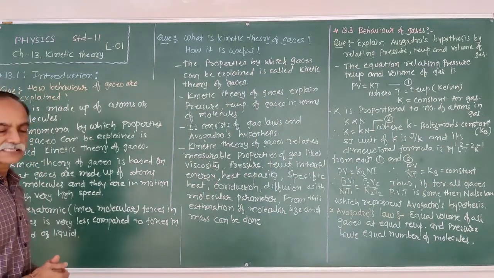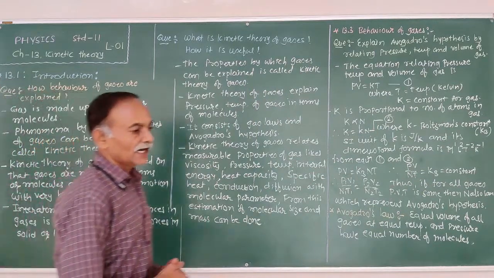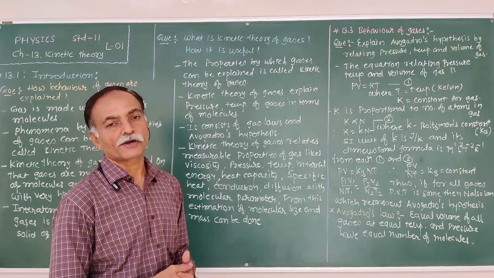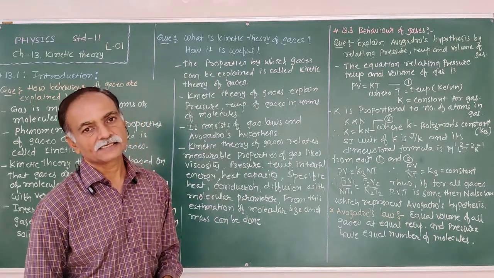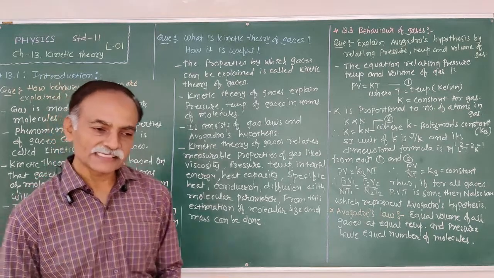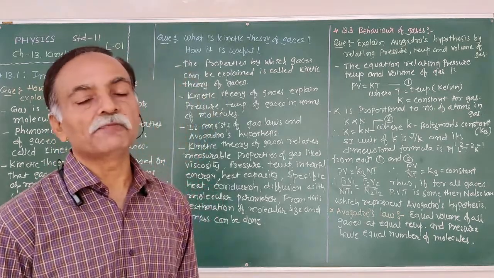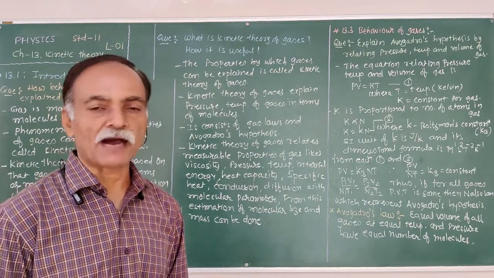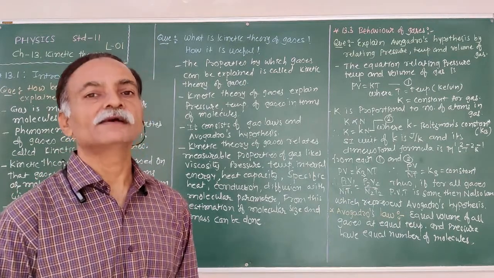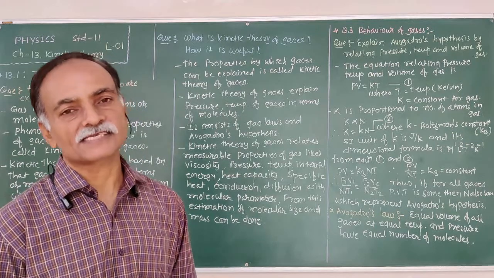Now next is the basic law that is known as Avogadro's hypothesis for gases. So the question arises in our mind: for each and every gas, are the number of molecules the same, if the volume, pressure, and temperature are the same?